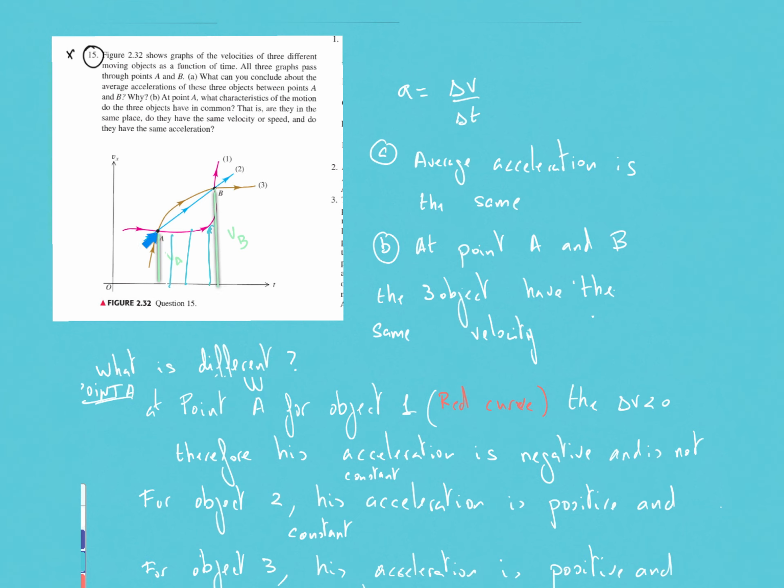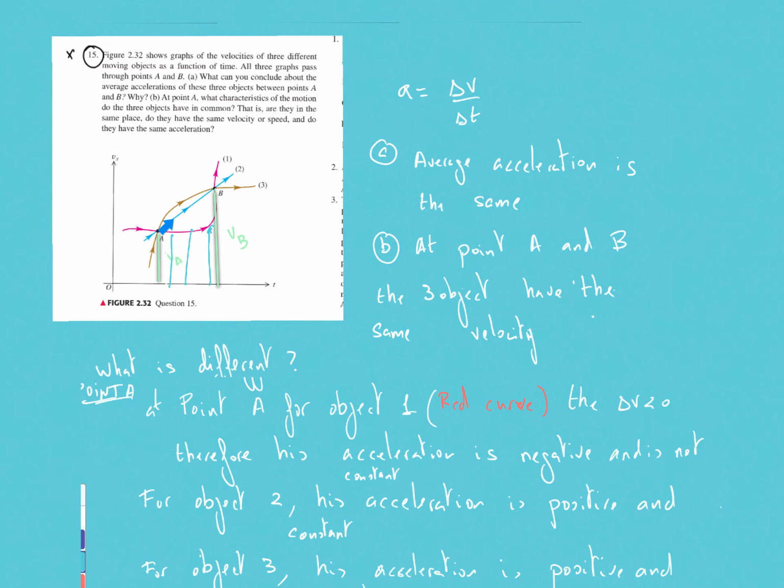So the acceleration for this body is almost zero at first, so there is no change in the velocity in this area, and suddenly it accelerates. Let's analyze body 2. Body 2 is a rectilinear line, so the velocity is changing.